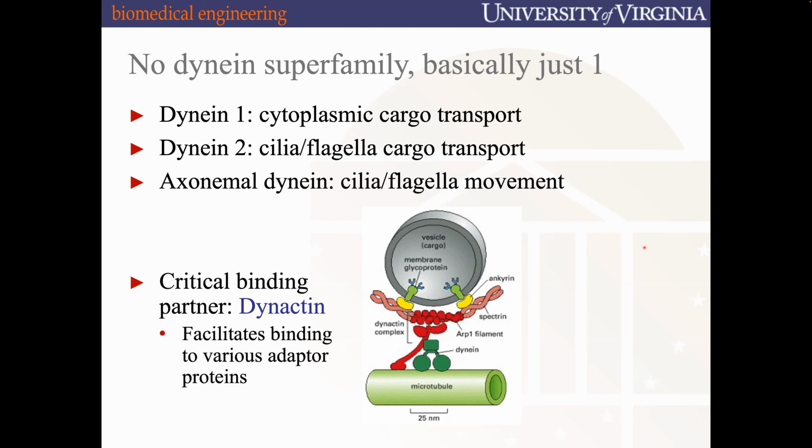And so one important part of this is the role of dynactin. This binds to dynein and can help facilitate the binding of some of these other adapter proteins. So this will help with binding the cargo ultimately. Yes.